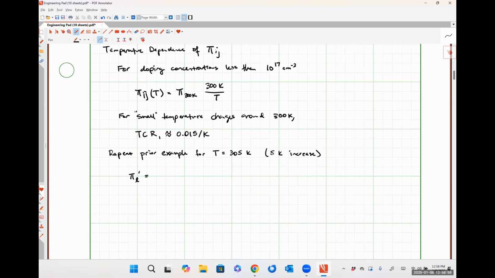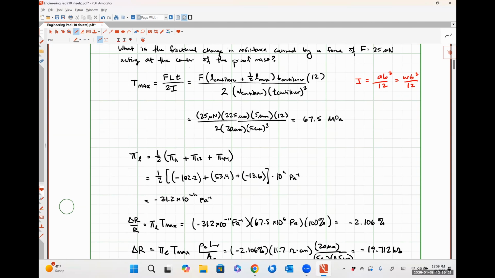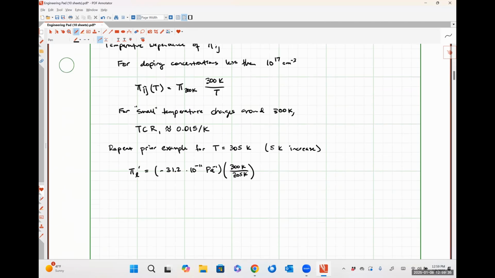So it's just something that isn't at the 300K that we were at previously, right? This would be negative 31.2 times 10 to the minus 11 per pascals times 300K over 305K. So all I've done here is I've taken that combined piezo-resistive coefficient for the fact that we're dealing with 110 silicon. Just for what it's worth, that was this thing right here. And I'm just multiplying it by 300 over 305 because we're now at a temperature of 305 Kelvin, right?